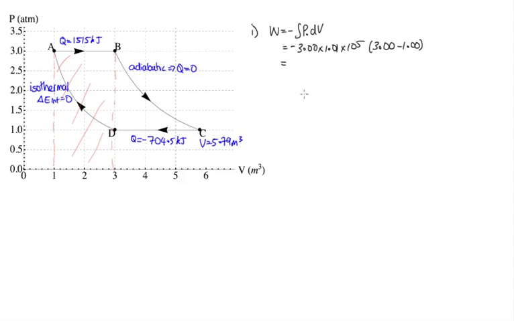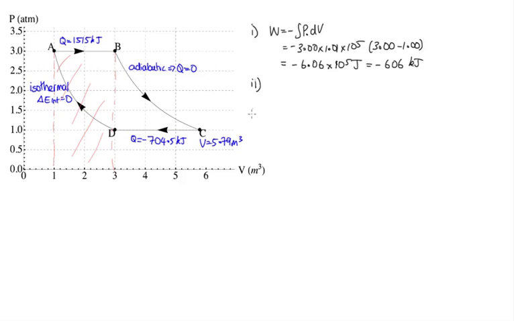And when we do that, we get minus 6.06 times 10 to the 5 joules, which we can write as minus 606 kilojoules if we want.